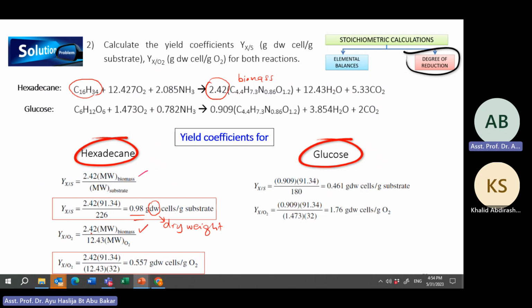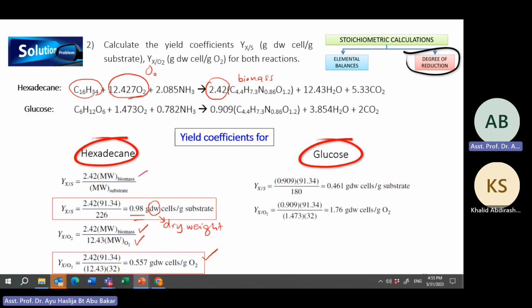Now same thing for the Y biomass per oxygen. So biomass over molecular weight of the oxygen. Okay, oxygen over here, this part. Okay, so you will get this figure.